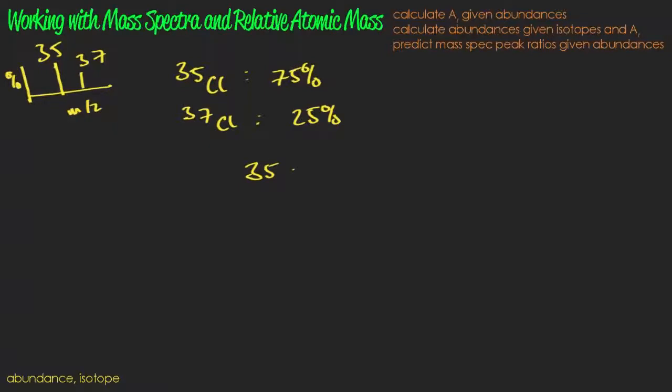So it's 35 times 0.75 plus 37 times 0.25. In this case, when we punch these through, we get 35.5. Not too bad.